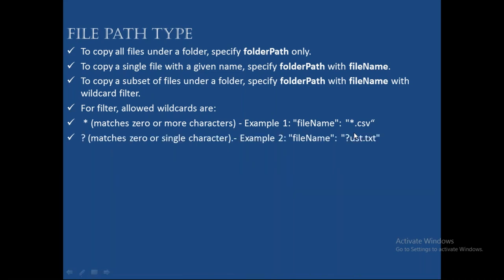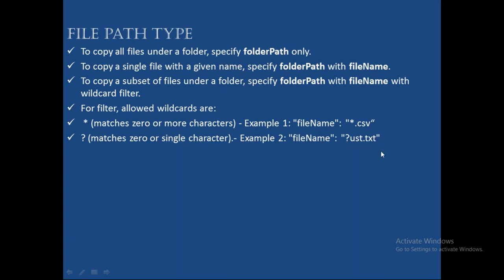Now, question mark matches 0 or a single character. For example, the file name question mark ust.txt. What does it mean? In this question mark place, only one letter will come, and that letter can be anything. You can say cust.txt, dust.txt, anything. If you put C, it becomes cust.txt.